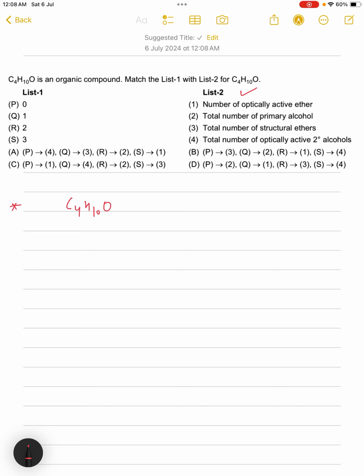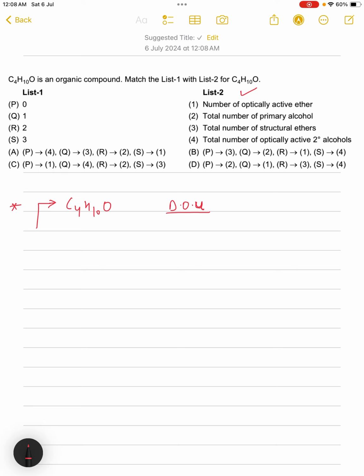Whenever the question comes with the molecular formula of an organic compound, the first thing you should do is to find the degree of unsaturation of the organic compound.